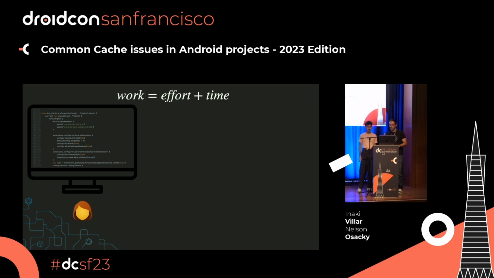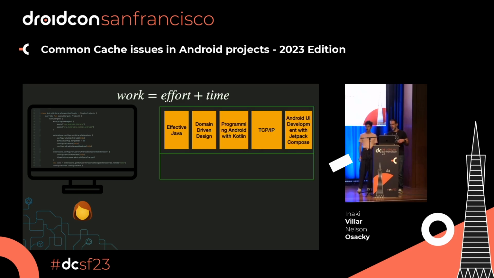So imagine that you are at your office, or maybe in your home, working with Android Studio, doing these awesome features. And right next to you, there is a bookshelf with different books, references that you use in your daily work, like Effective Java, well, I hope not, but TCP/IP, and so on.